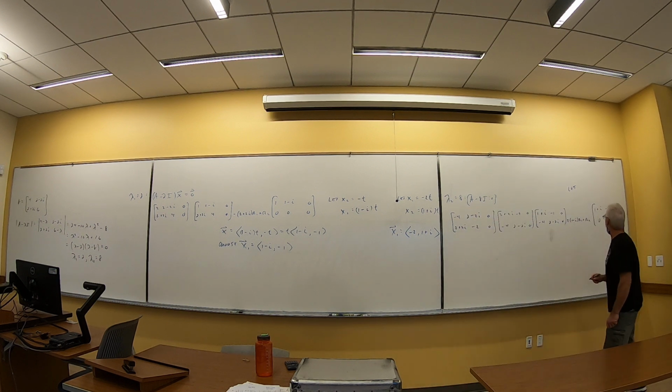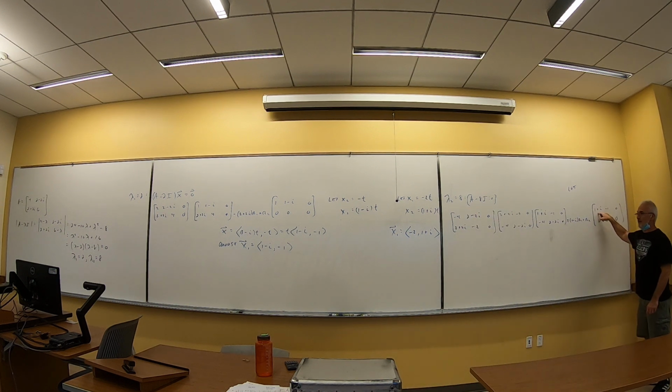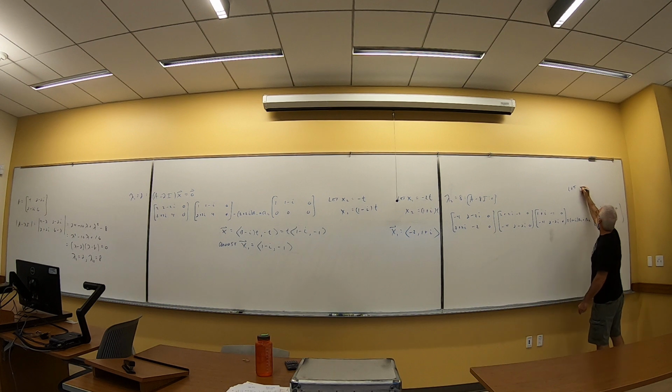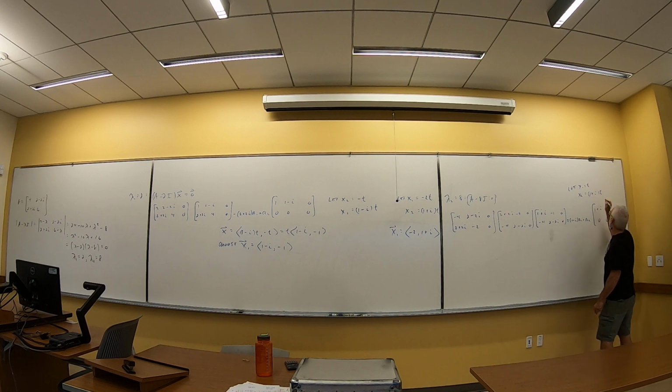So in this case here, the obvious choice is to let x1 be t. I just think that's the obvious one in this case. Let x1 be t, because then x2 is simply 1 plus i times t, isn't it? That one, to me, is really obvious.